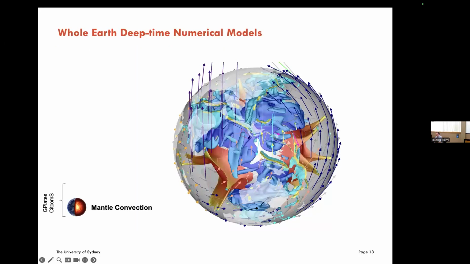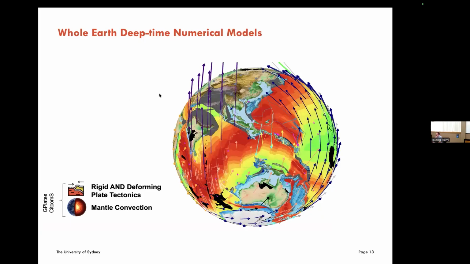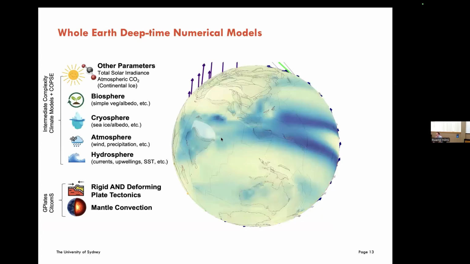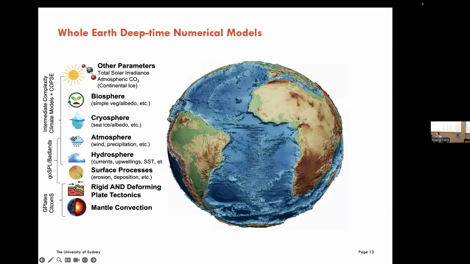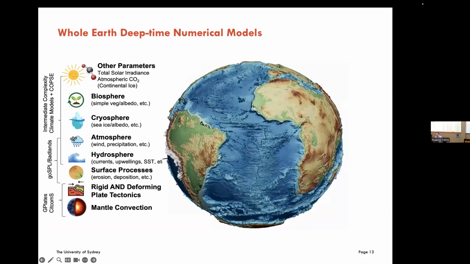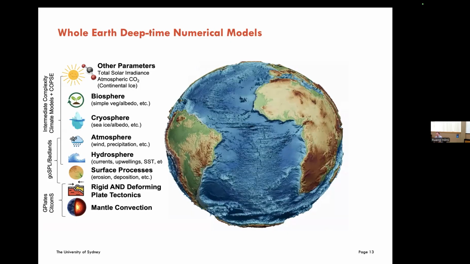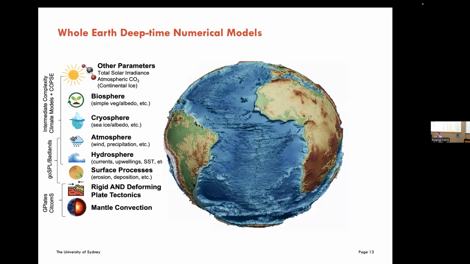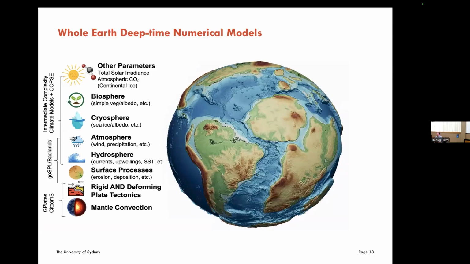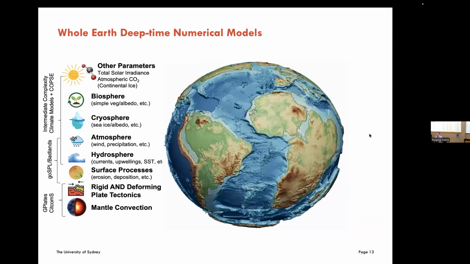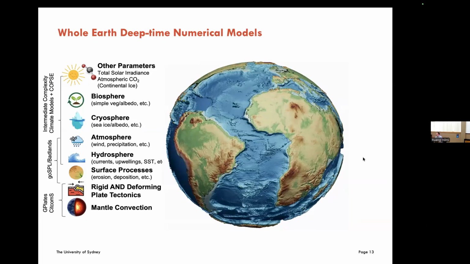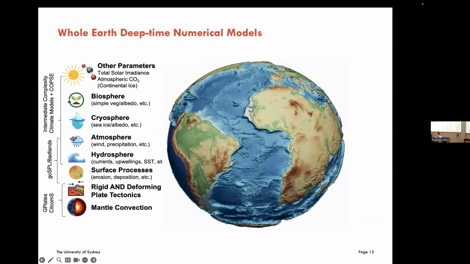And this is all part of the whole Earth modeling ecosystem that we're building in Sydney, from the mantle to the surface tectonics, but also the paleoclimate and landscape evolution models, right? So hopefully you're getting an idea of how we can use the plate tectonics to help us understand landscape evolution and even life on Earth for a very long period of time.